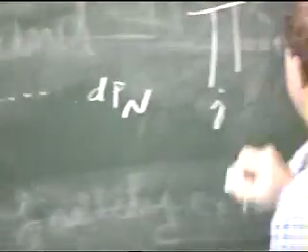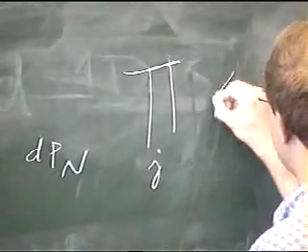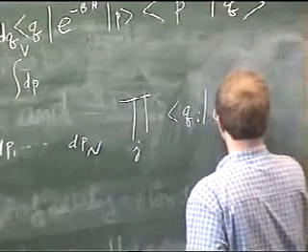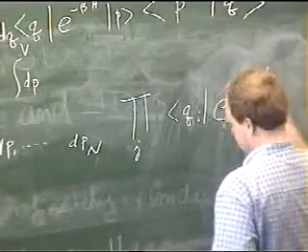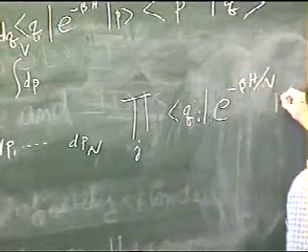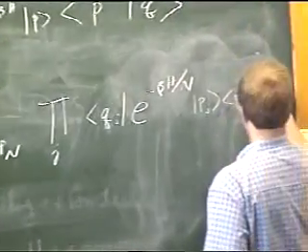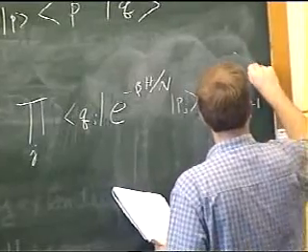We'll put together a product over the index j with the coordinate qj here, e to the minus beta h over n, pj, pj, and qj minus 1.